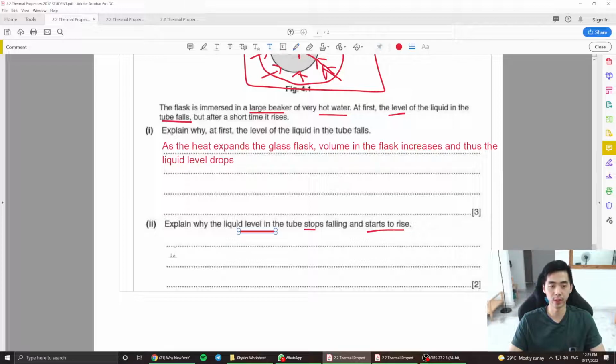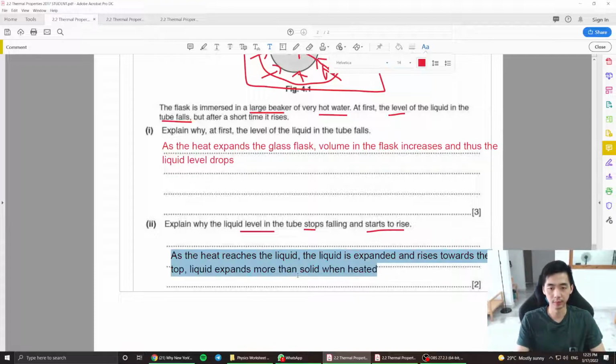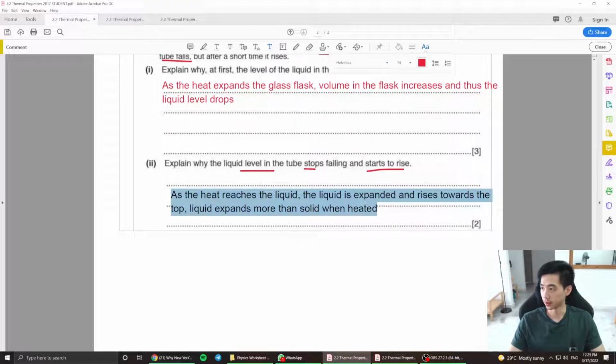So if I were to write this down, it's going to be something like: as the heat reaches the liquid, the liquid is heated, it expands and rises towards the top. Liquid expands more than solids here.